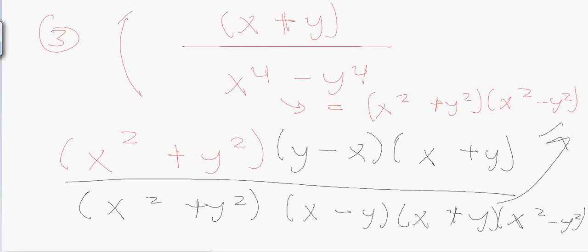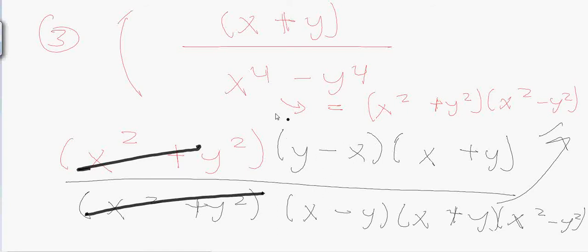Now let's just start getting a big marker and canceling out things. Okay, x squared plus y squared. We see that right here. Alright, this is out. We see y minus x, and we see x minus y. Well, here's an important trick.